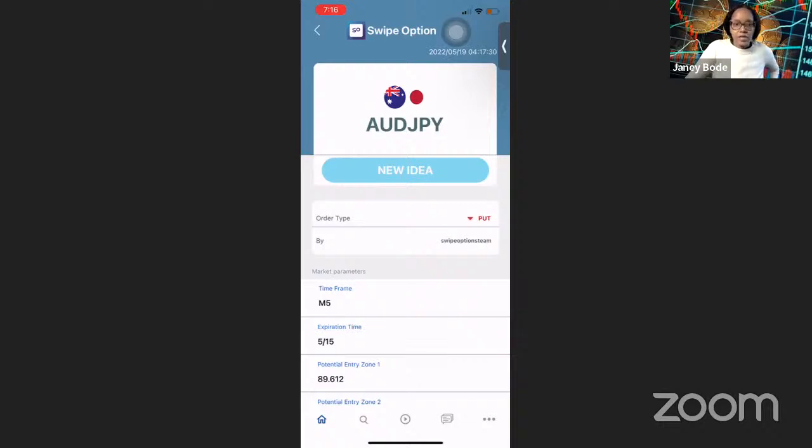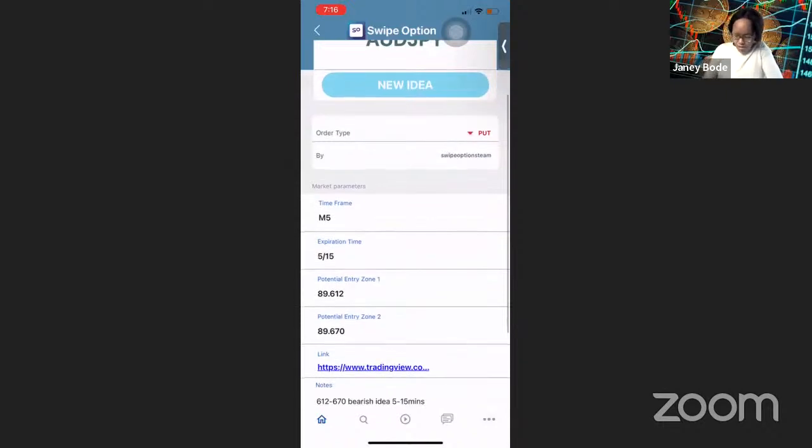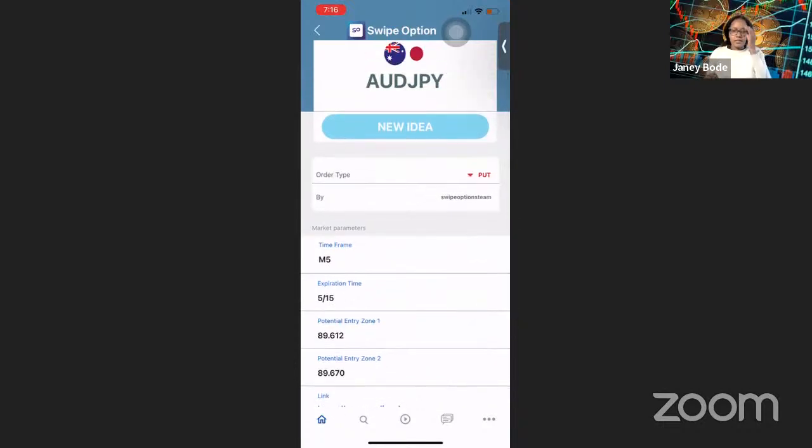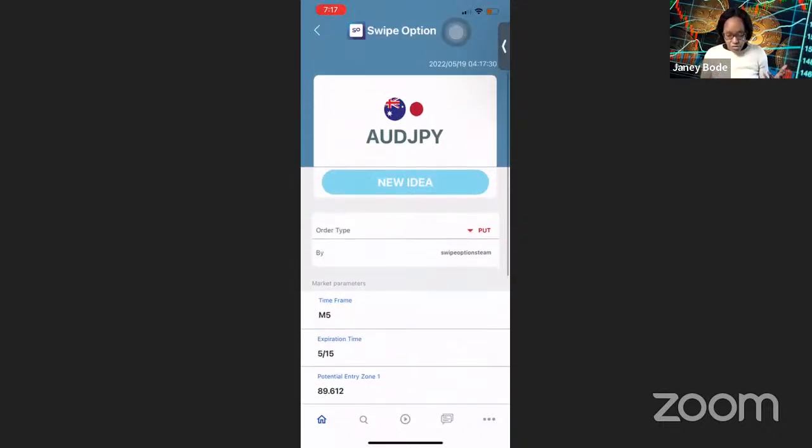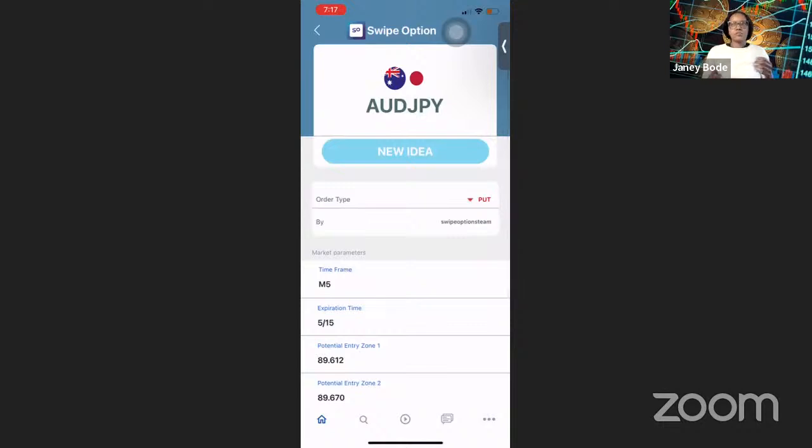Okay. All right. So we're gonna take this trade together. So we know that entry levels are 89.612 or 89.670, right? So we're really hoping that the market is exactly around the same area, which it might not be because this trade is a little old. The other question people ask is, okay, can I take this trade right now?